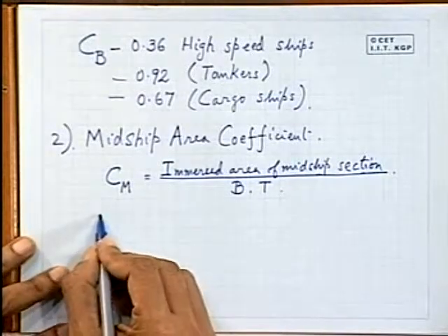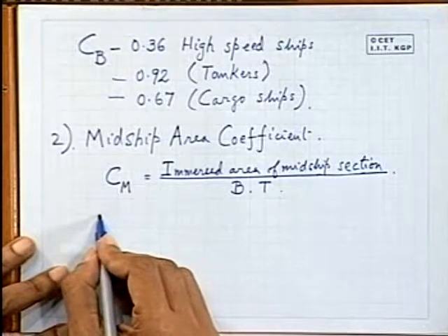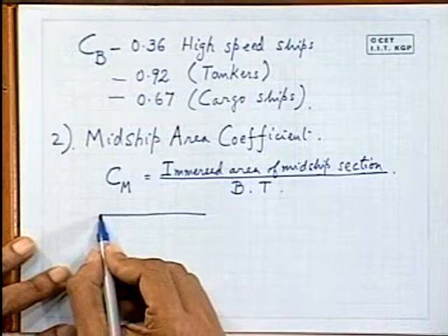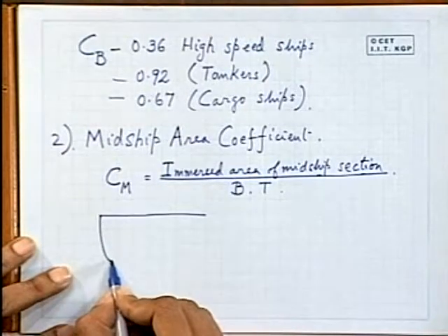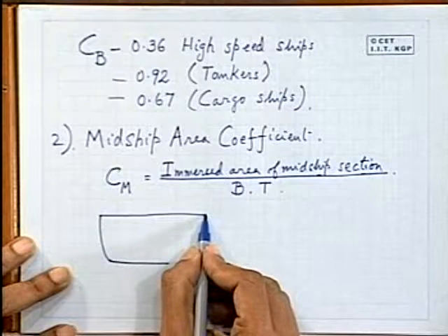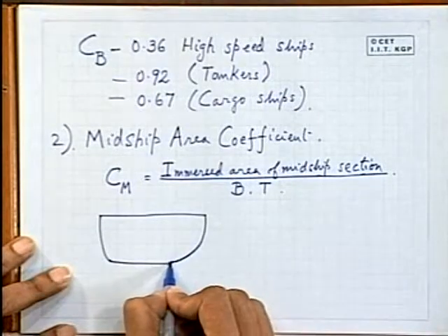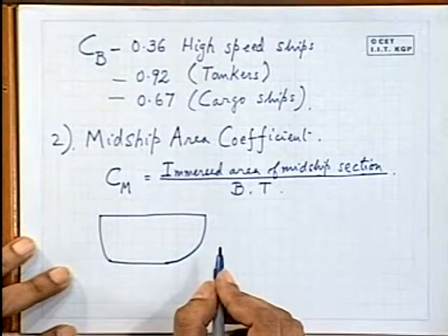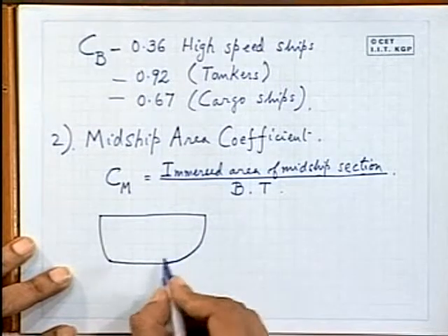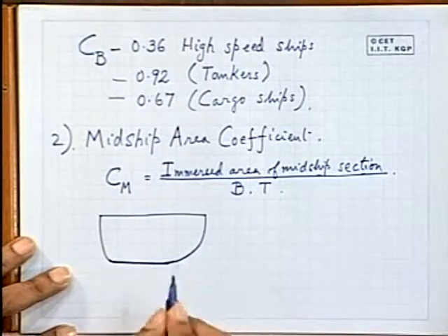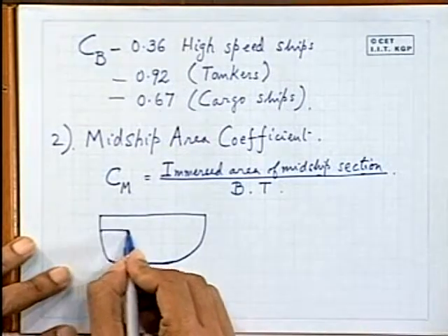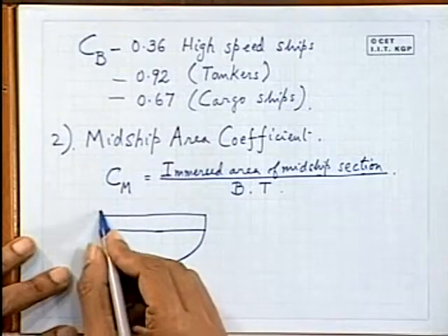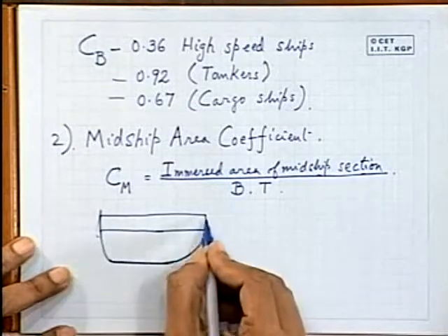So here you will find this is midship area. Remember, we are bothered about the underwater volume of the ship, not the volume up to the main deck. B is the molded breadth. Here the ship is immersed to a particular draft, and this is the maximum breadth at midships.